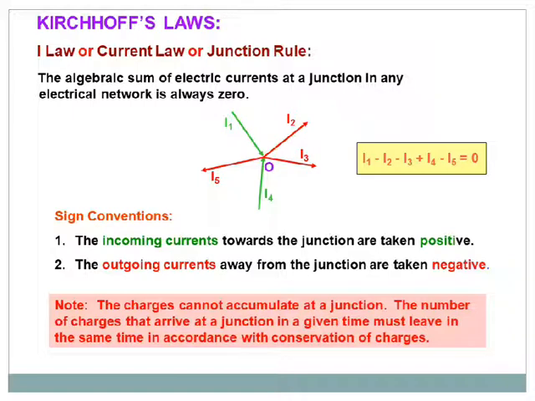Before going towards the current law, how do you know current and how does it form within an electrical circuit? When charges flow from one place to another in some given time, that is called current.